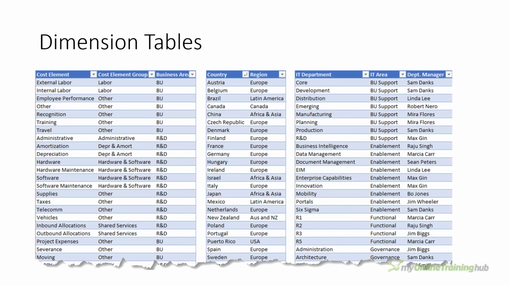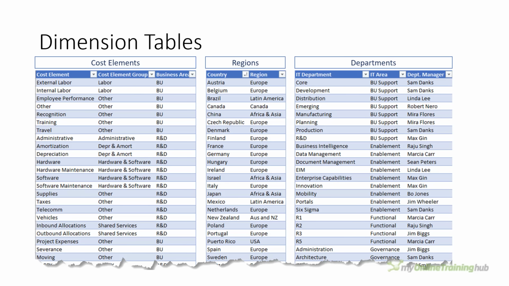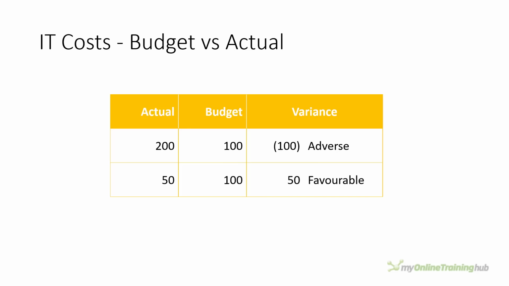I also have an Excel file containing dimension tables that contain further groupings for the cost element, country and IT departments. Each table is named and these names will also be the names of the tables when I import them into Power BI. Now, I'll be comparing performance against budget or plan, if you prefer to call it that.